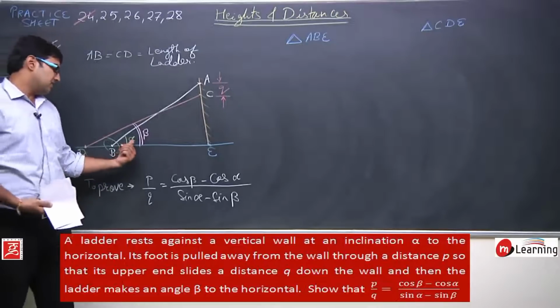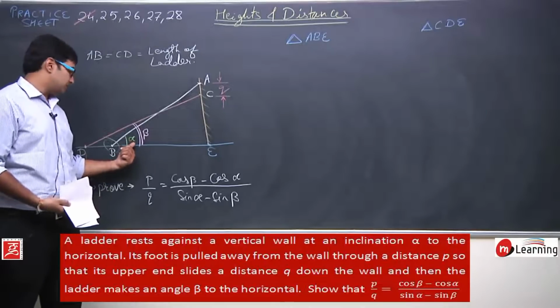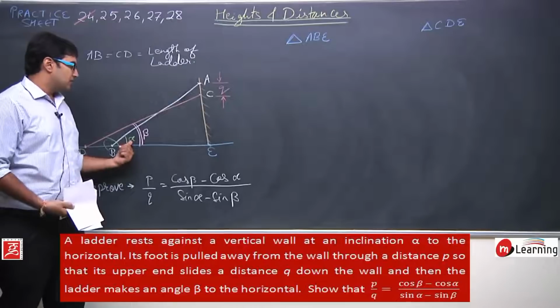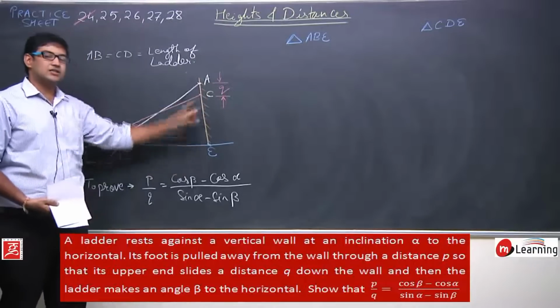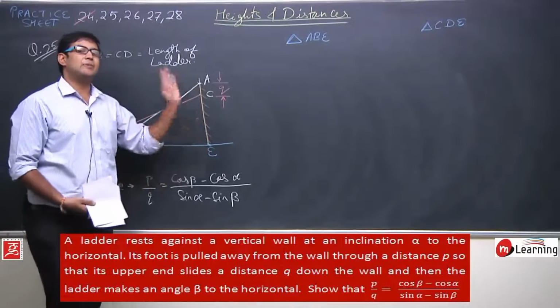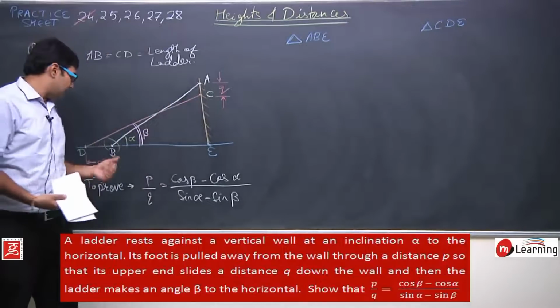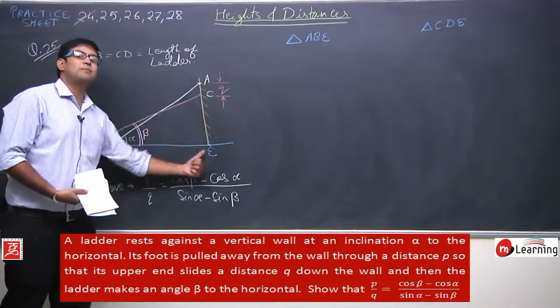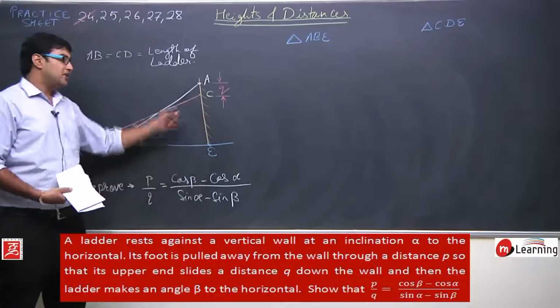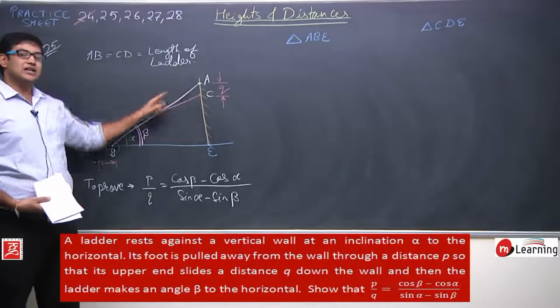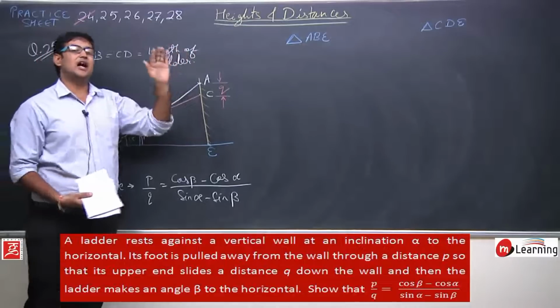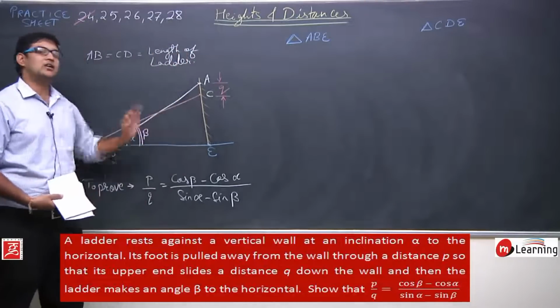I can see with respect to this alpha angle, this AE represents the perpendicular or the height or the side opposite to this angle, and this BE represents the base, and AB represents the length of the ladder, which is the hypotenuse of this particular triangle.